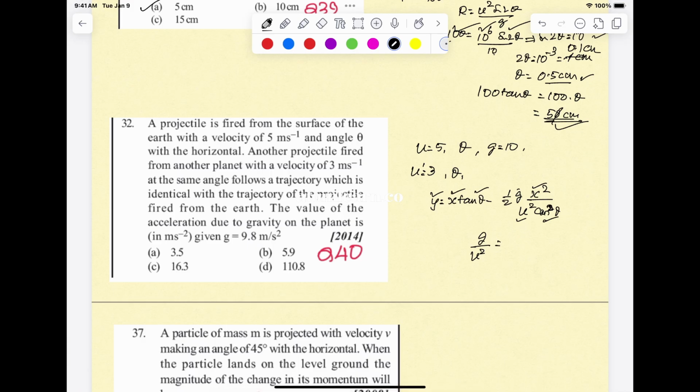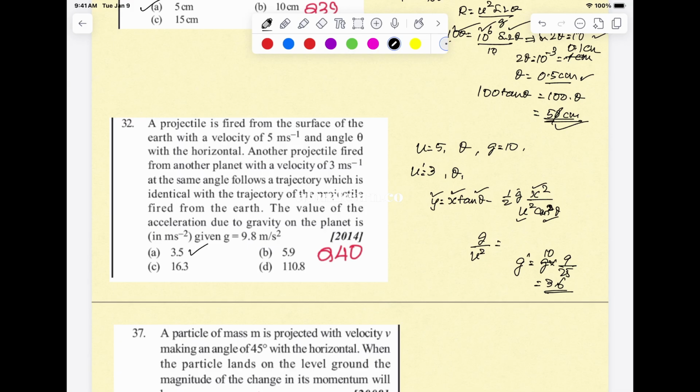They want to know the acceleration due to gravity on this planet. Now g into 3 squared divided by 5 squared, which is equal to 9 by 25 of g. g is 10. Therefore let us take it as 0.4, 3.6. It means somewhere about 3.5.